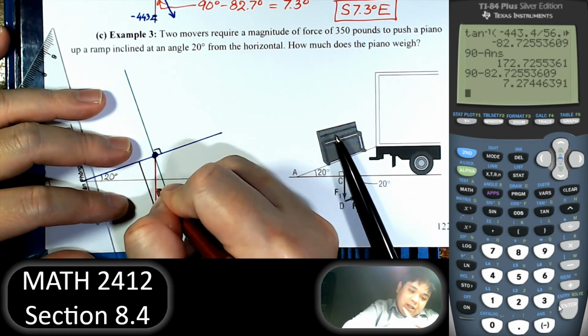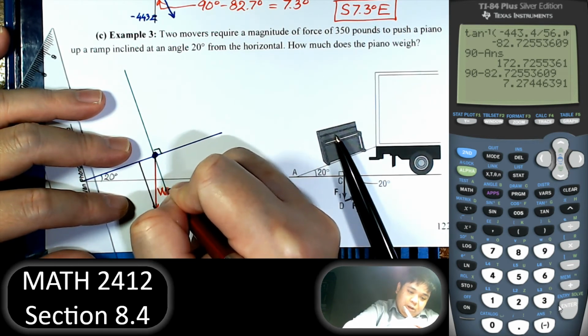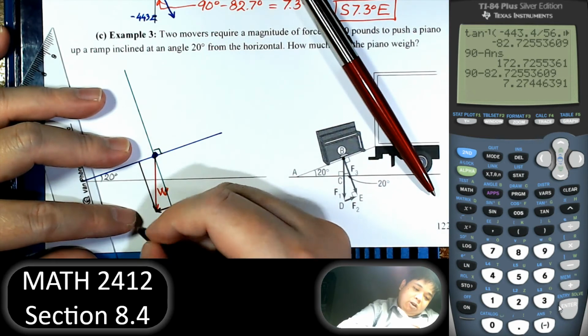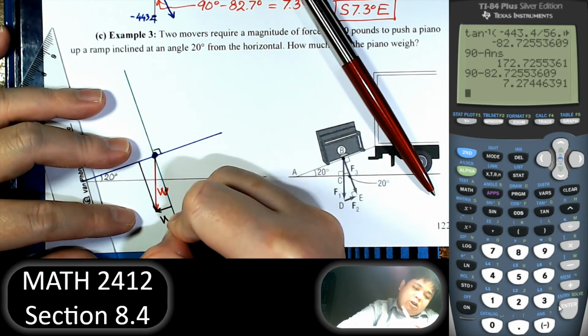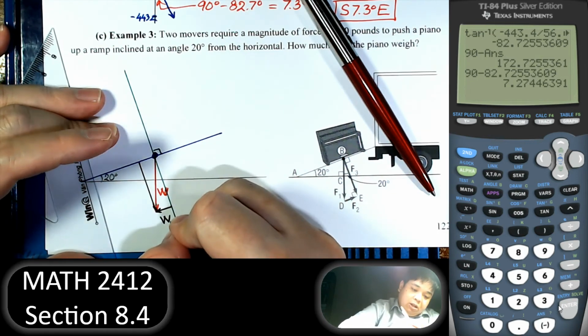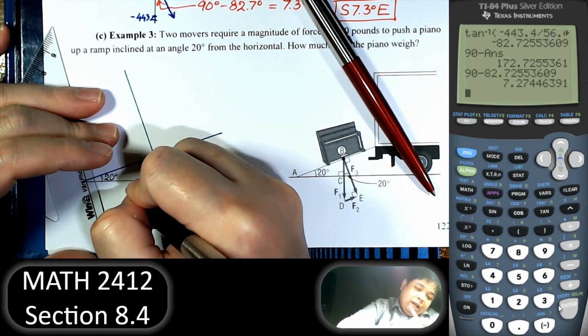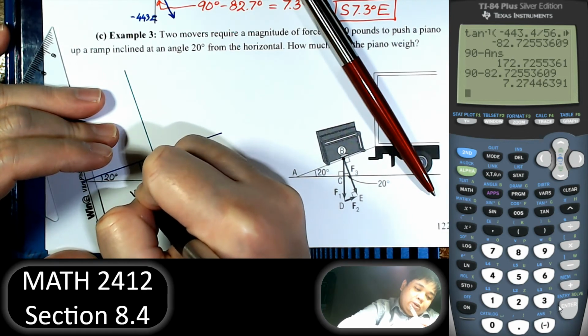Let the weight be capital W. Then we have the component parallel to the inclined plane. This is W1 and this is W2.